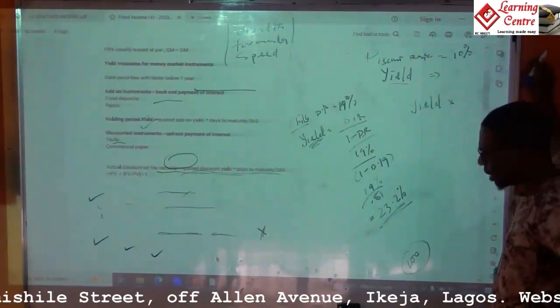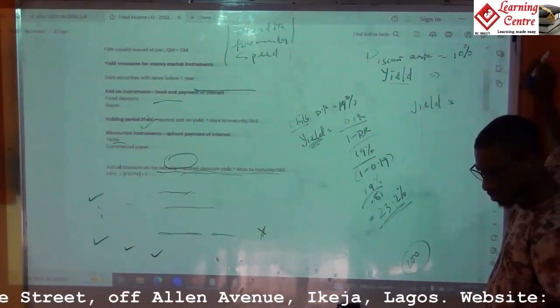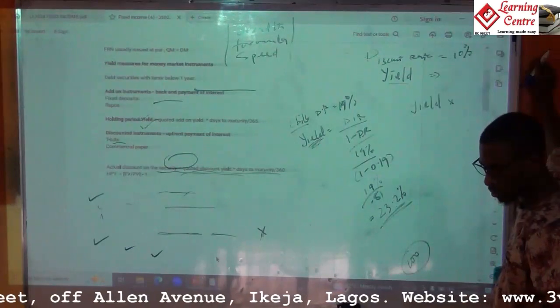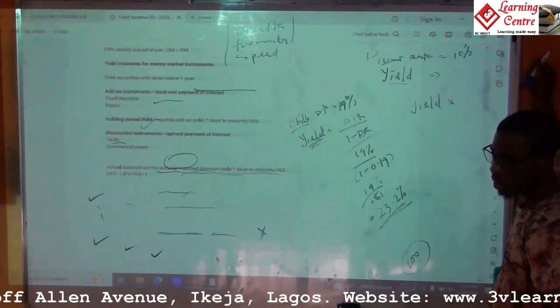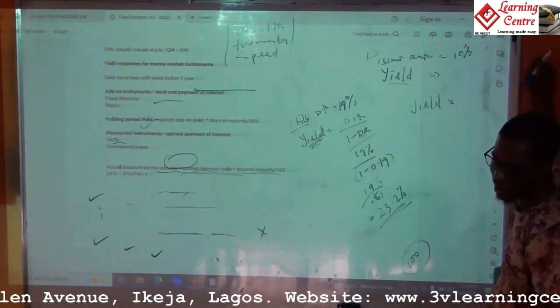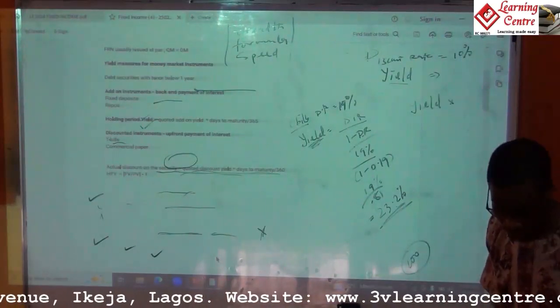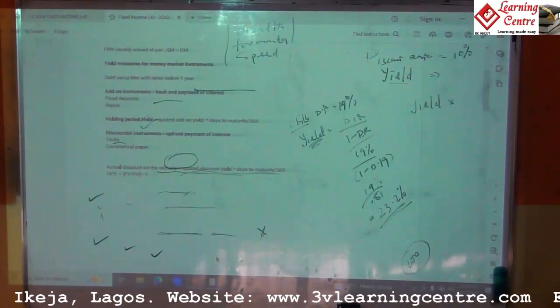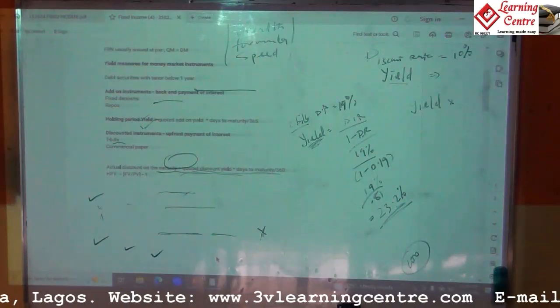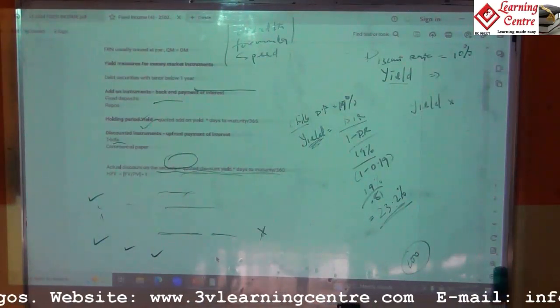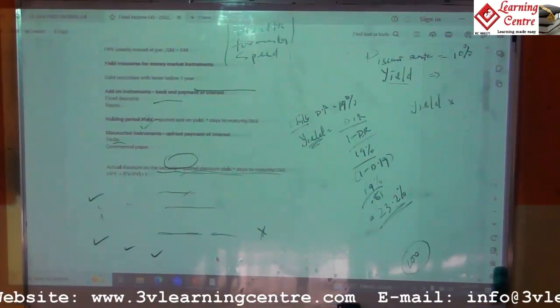Where does this yield apply? How do you apply it? As an investor, you are trying to calculate what exactly is the return I'm making on this investment. The true return is not actually 19%, it's 23. So how do you actualize it?